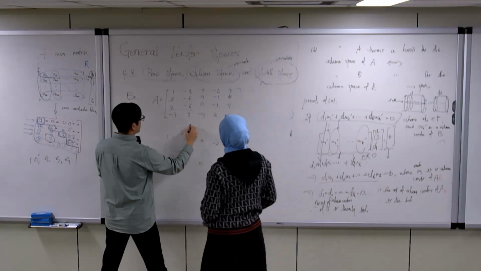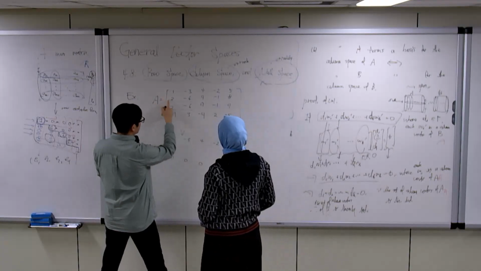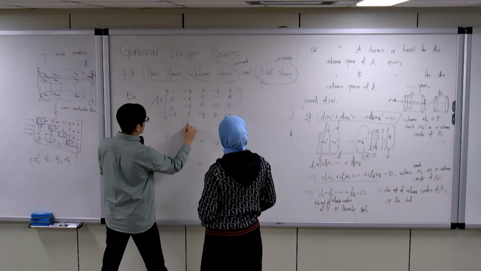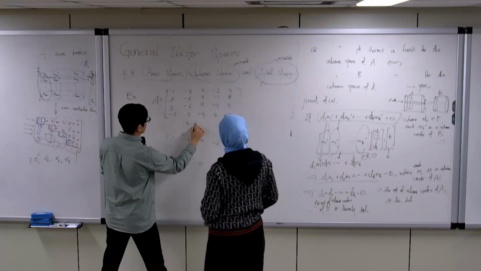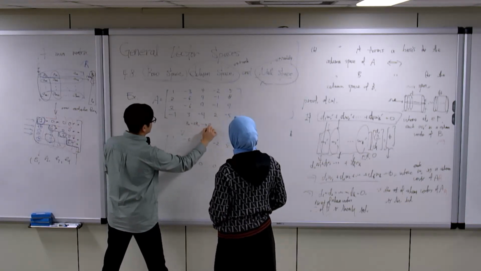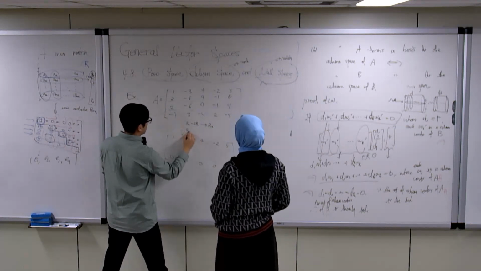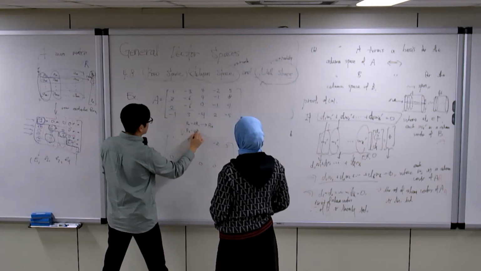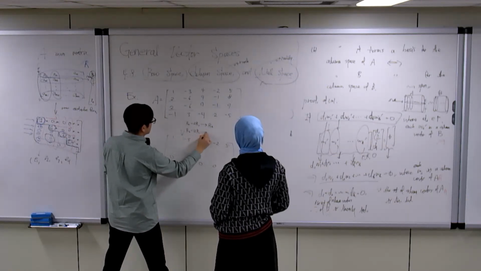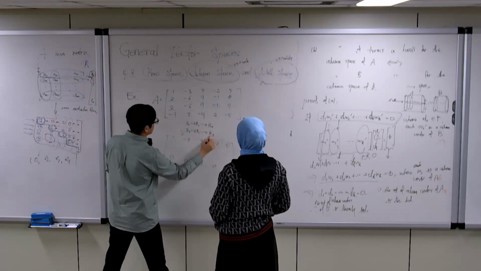For the second row, we calculate second row minus 2 first row, and for the third row, we calculate third row minus 2 first row.